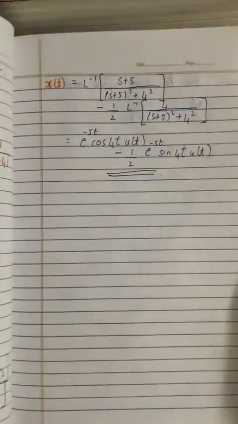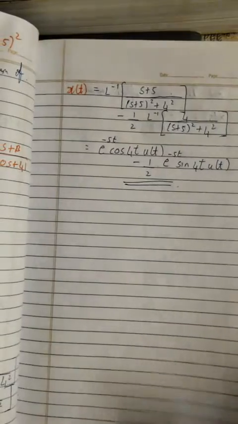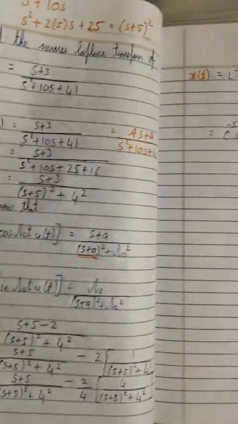This is Ω0 by (s plus a) the whole square plus Ω0 square, so this will be sine 4t u of t. Okay, so this is your answer. Okay, this is how we solve the problem. Right, so now let's do the next problem.